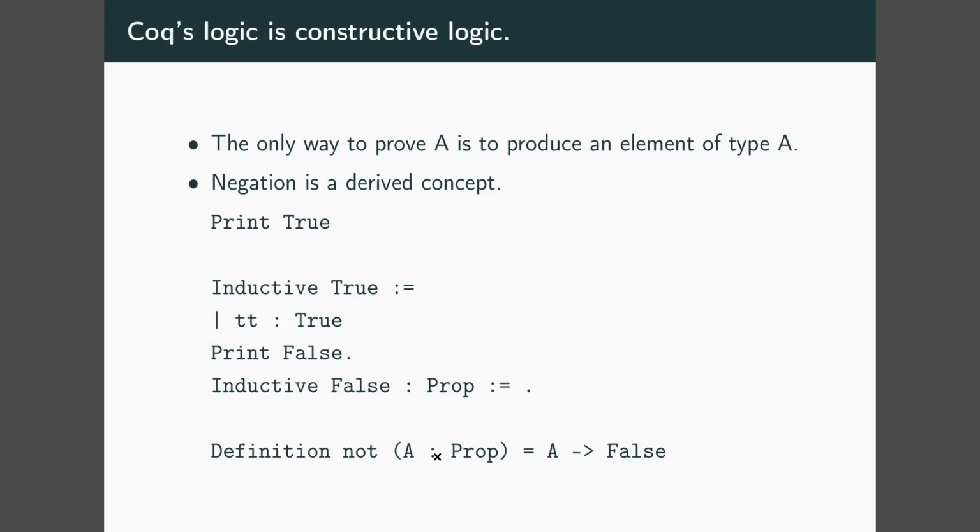So what will constitute a proof of A implies False? You have to give a function which converts elements of type A to False. But you know that False is an uninhabited type, so what will that function do? This function is not going to produce False by itself. It is only going to produce False if you give me a value of type A.